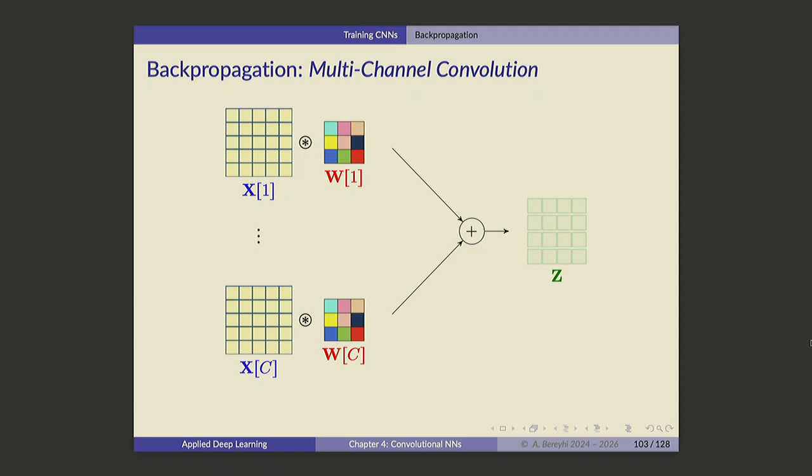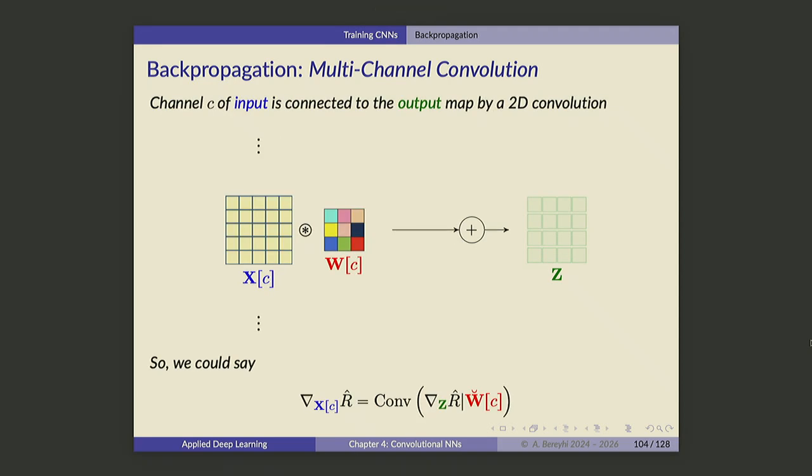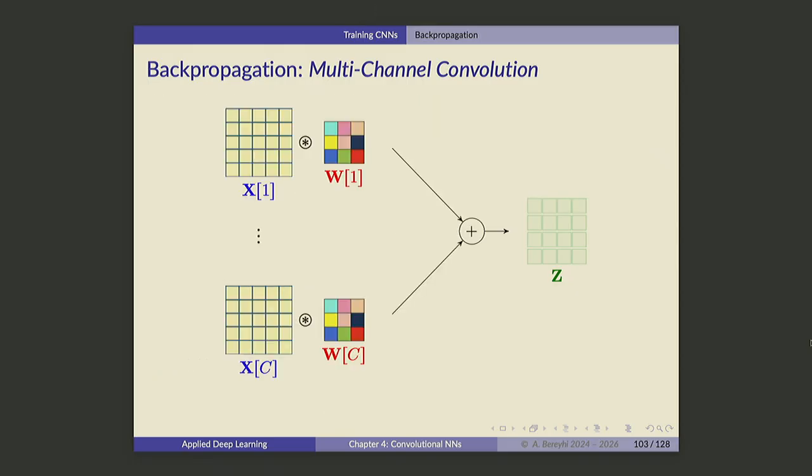Now, what I do have is the gradient of r hat with respect to z. I want to know the gradient of r hat with respect to x, right? Everybody's cool? Let me do it here for you.